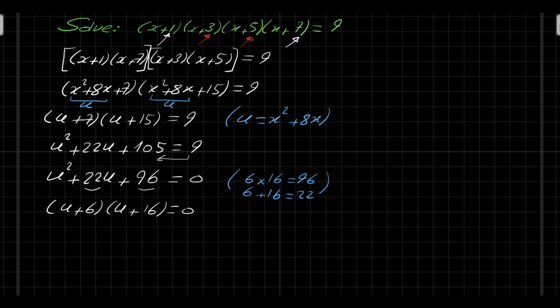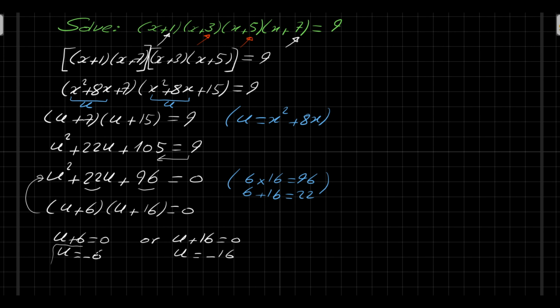Again, if we expand this one, we'll get u squared plus 22u plus 96 equals 0. So the roots are negative 6 and negative 16. Each factor is 0: u plus 6 equals 0, or u plus 16 equals 0. This gives u equal minus 6, and u equal negative 16.